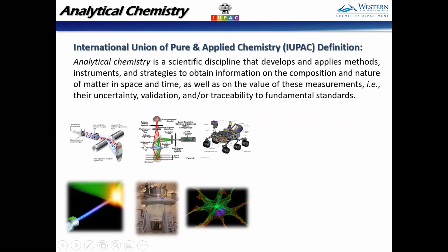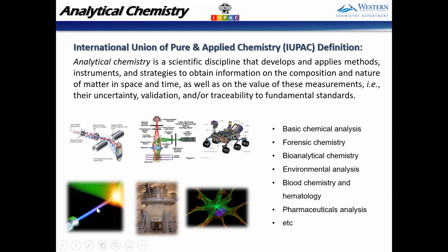And here are some examples showing analytical chemistry in different areas, like biochemistry, or even physics. This is the Mars rover, and this is optical spectroscopy. It all exists there, and this is biology, okay?